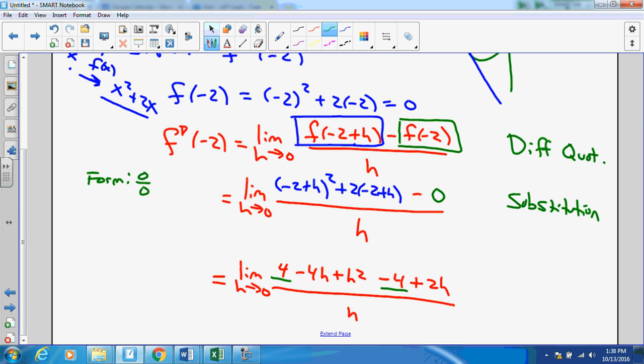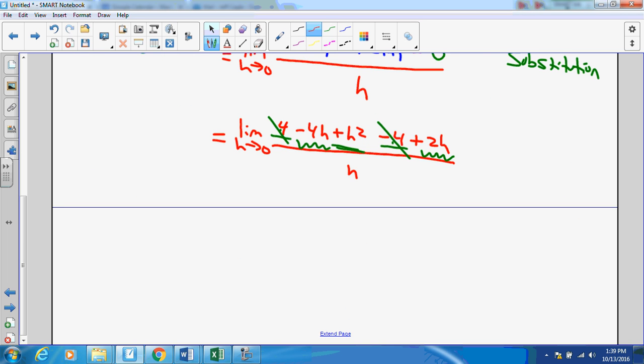So we're going to group all of our constant terms and all of our terms involving h and all of our terms involving h squared, and combine those. 4 minus 4 is, see those cancel. Negative 4h plus 2h is negative 2h. And h squared is h squared. And now we observe that something wonderful happens. All the terms that are left have a common factor of h. Aha! There's our common factor.